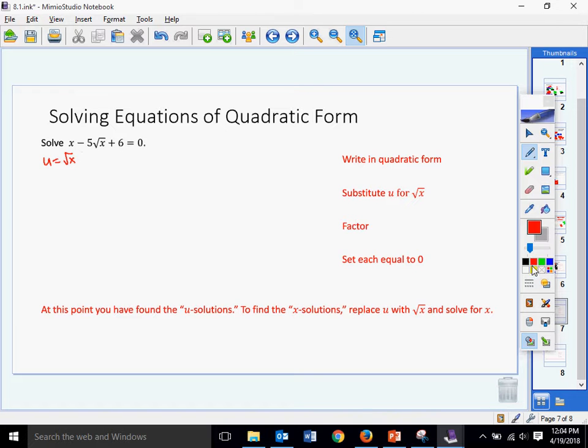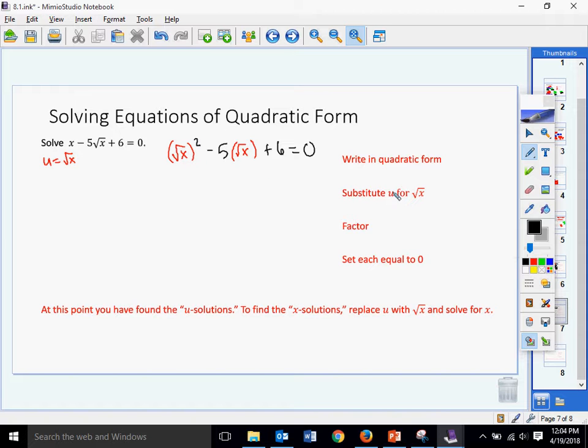So if I tried writing this in quadratic form, it's got to be the u part squared, and then it's minus 5 times that u part again. The rest of the equation goes plus 6 equals 0. So is it true that when I square the square root of x, I would just get an x? Yes, that is true. So this is the quadratic form here.